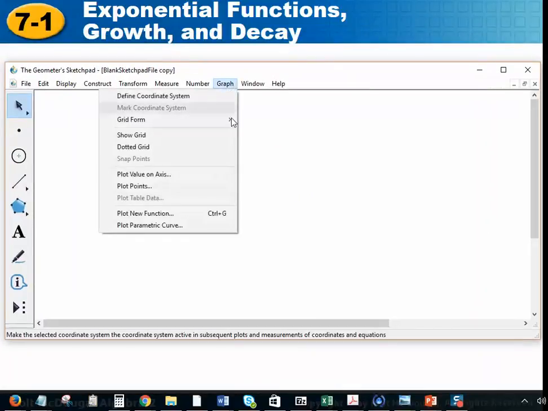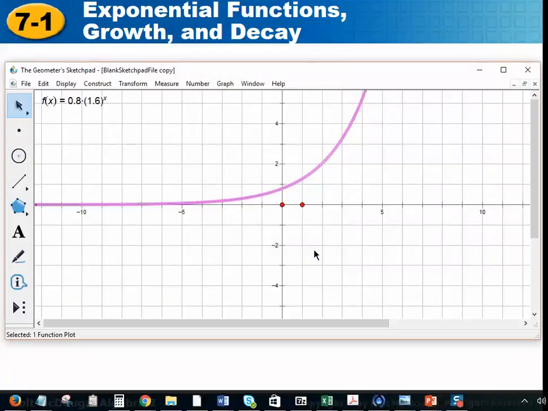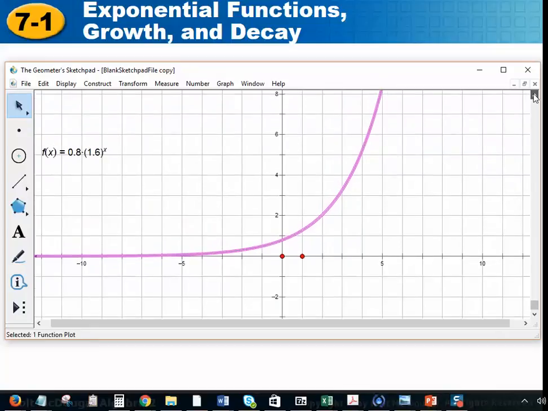So we are going to graph, go to graph, plot new function, and the function was 0.8 times, or you can use the parentheses, 1.6 to the x power. So this button right here tells you to use an exponent, and then you just click OK, and it's graphed for you. You can use these buttons over here to move down or up to see what's going on.